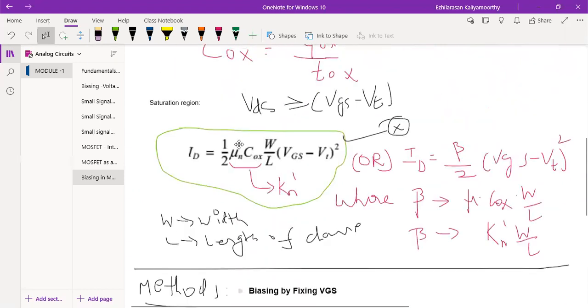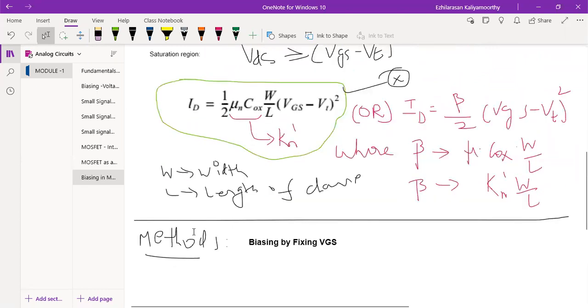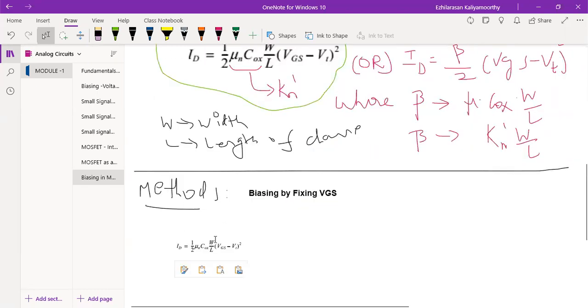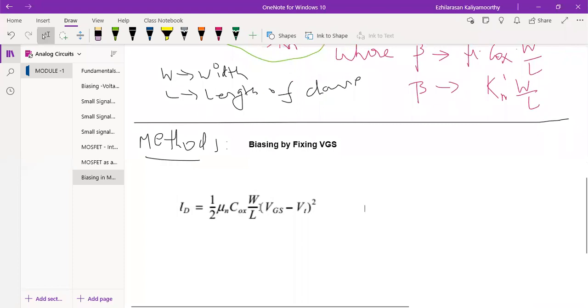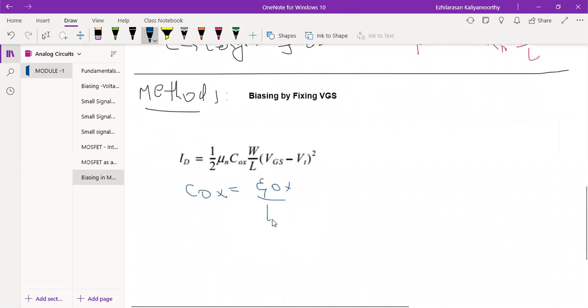Now let me write the ID equation. Let me take the same: 1 by 2 mu n C naught x W by L VGS minus VT the whole square. Here we need to write that C ox is equal to epsilon ox divided by T ox.